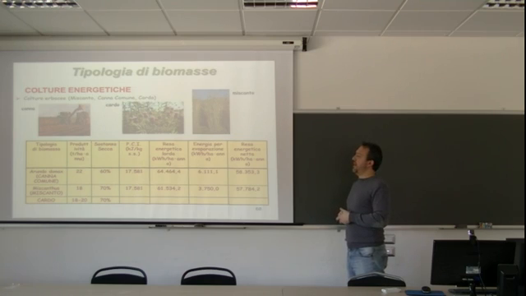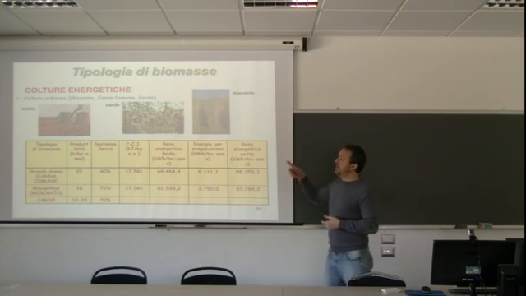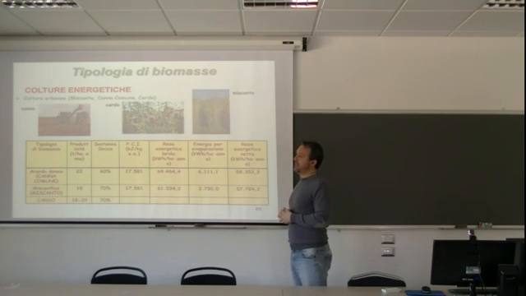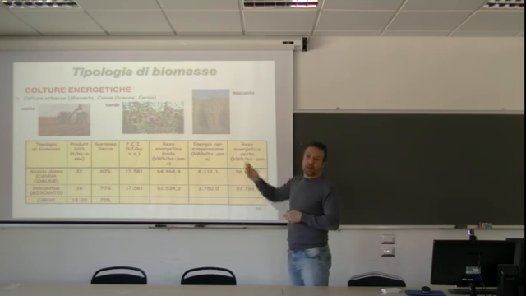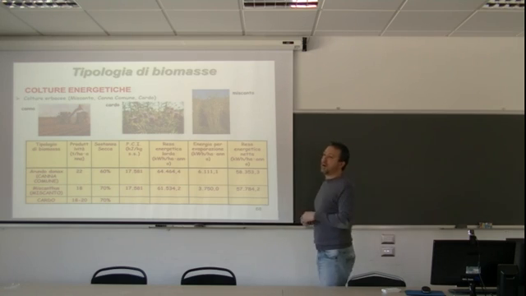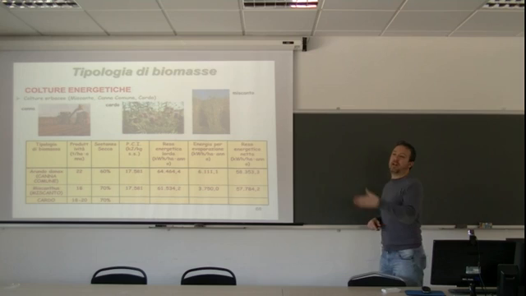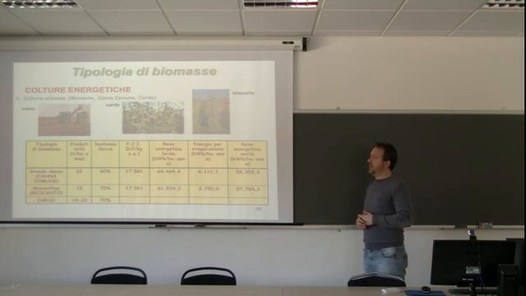So it's a very important potential, and we just have 2 or 3 national research projects to develop the pathway of cardoon from the field to the final byproducts. And I will show you some slides in the next lessons. Okay?